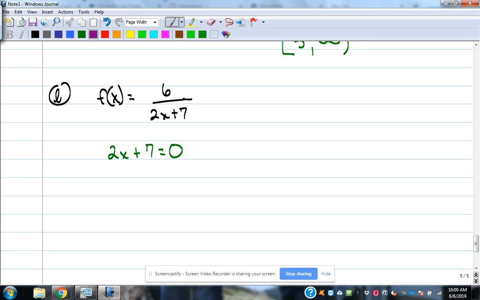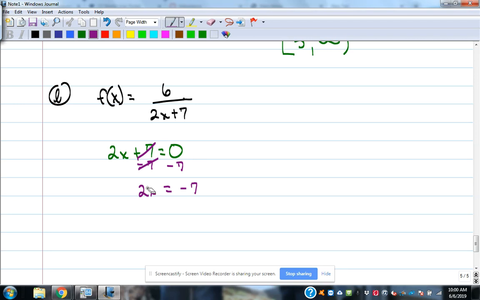Absolutely. Yes, you do want to get rid of the things that don't have the variable first. So how do we get rid of that 7? That's right. So subtracting 7, that's going to cancel it out on that side and just leave us 2x, and then 0 minus 7 would be negative 7.